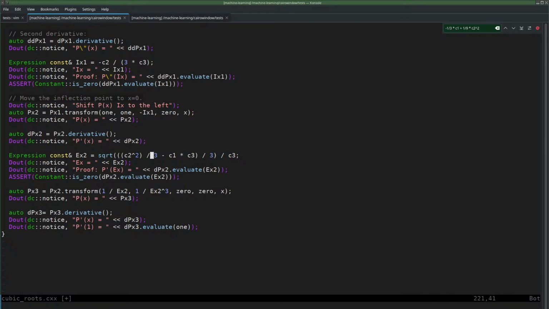yeah, so this divided by C3 squared, that can be removed, and then this thing divided by C3 squared, and now we are back at something where we just divided by C3. Of course, I should have done that immediately.